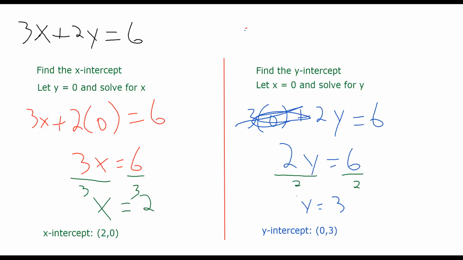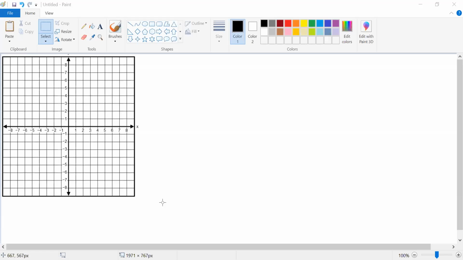There we go, that's a little bit better. Okay, so we have an x-intercept of (2, 0), and a y-intercept of (0, 3). So let me show you what I'm pulling up here. Here's a graph I want to use now. Can zoom in a little bit.